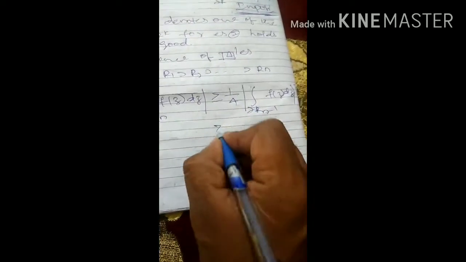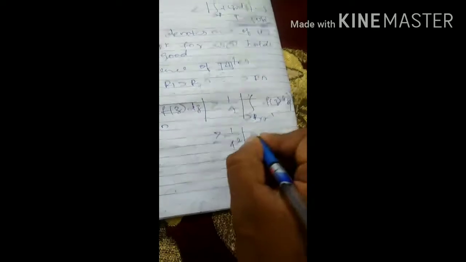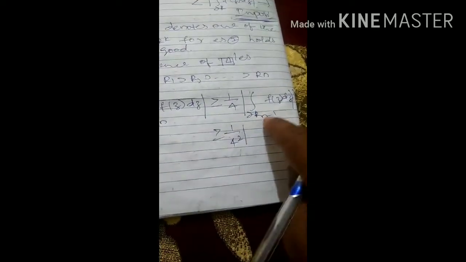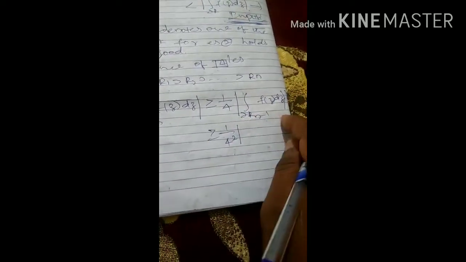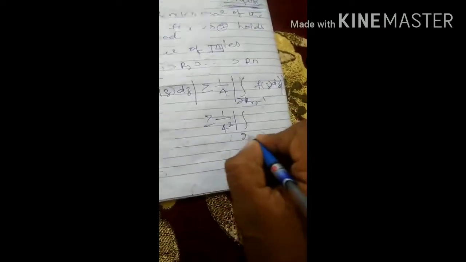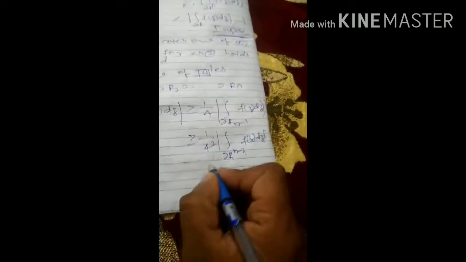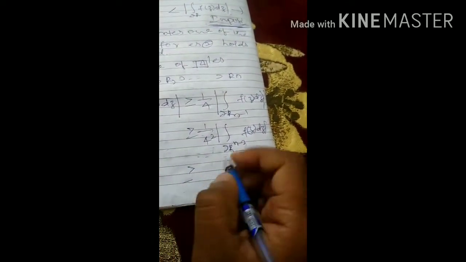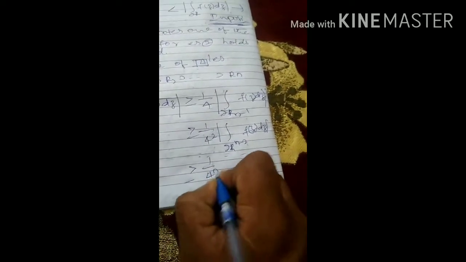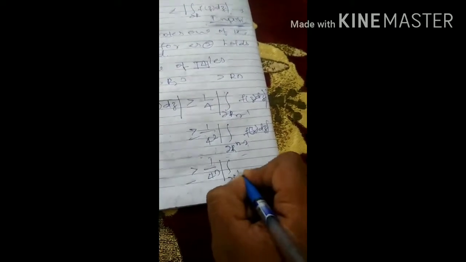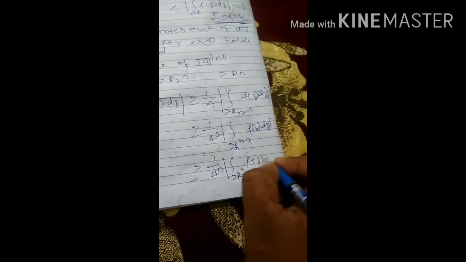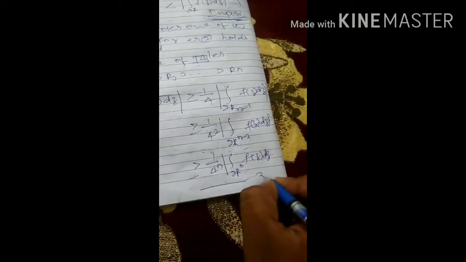So that is greater than or equal to 1/4 squared of the integral over the boundary of R(n-2) of f(z) dz. Okay, so similarly continuing the process, it is greater than or equal to 1/4 to the power n of the integral over the boundary of Rn of f(z) dz. So this is equation number 3.